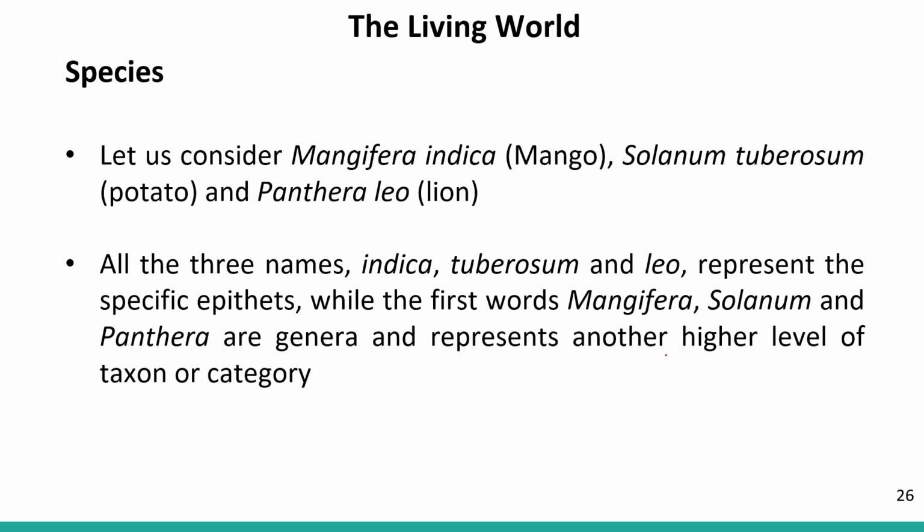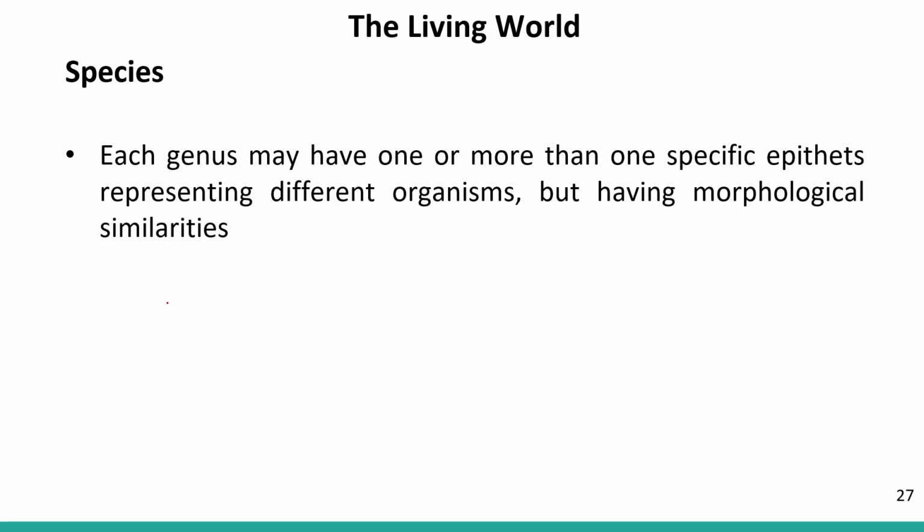Alright. Now, let us consider the example of Mangifera indica, Solanum tuberosum and Panthera leo. Here, indica, tuberosum and leo represent the specific epithet, whereas Mangifera, Solanum and Panthera are the generic name, which is the higher level taxon or category. Again, let's talk about the genus.